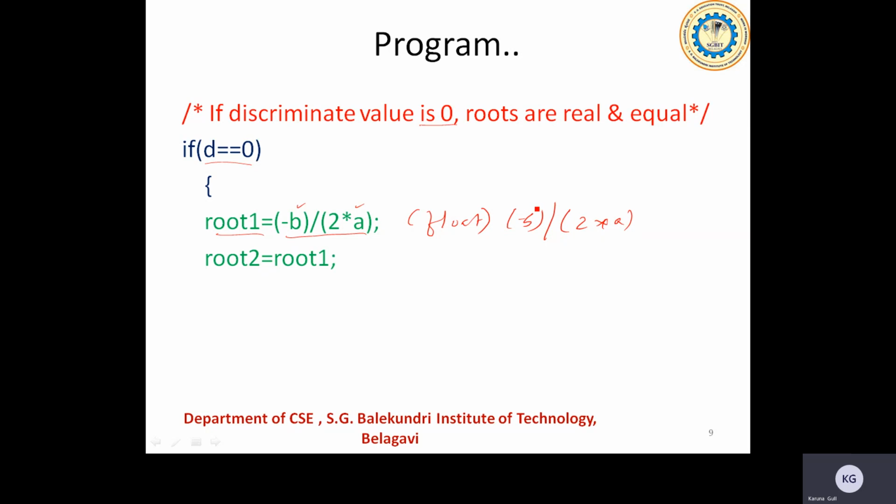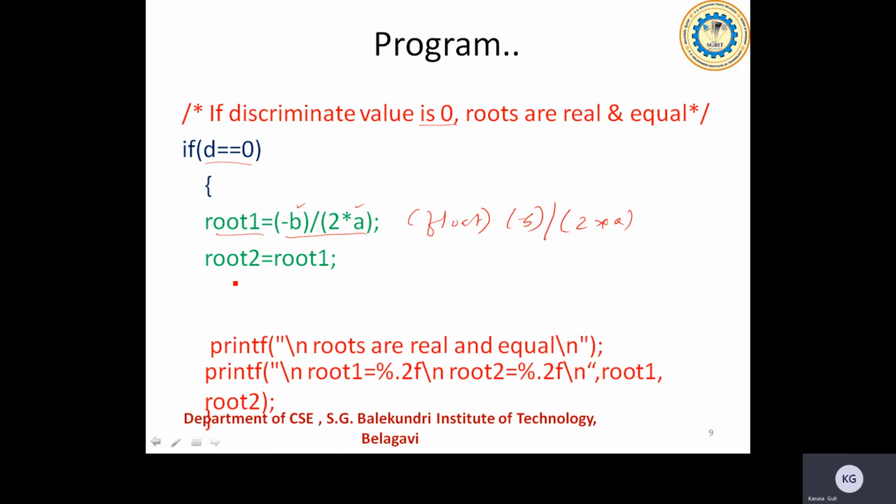If this is converted into float, automatically 2a, whatever result I am going to get out of this, is also converted to float implicitly by the compiler before we proceed with the division operation there. So float is divided by a floating point value. I am expecting the result as a floating point value, and it is stored inside root 1. Root 1 is also already declared as a floating point value there. This is the best method that you can proceed with.